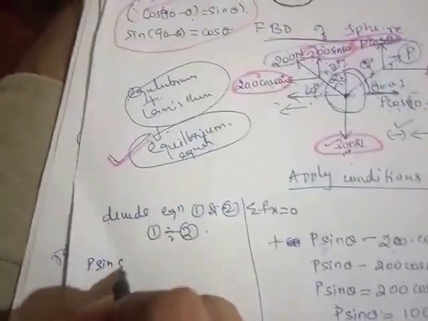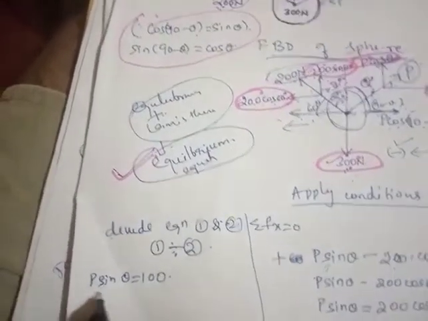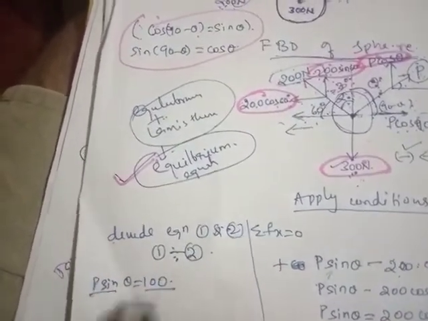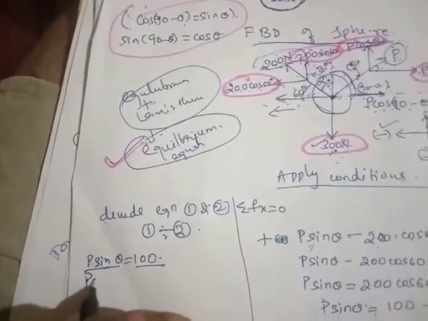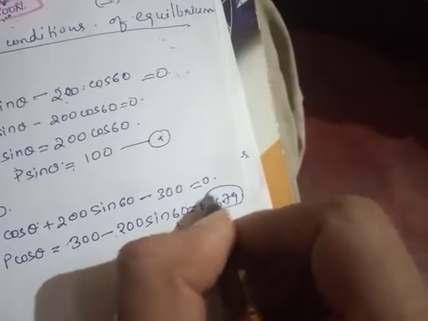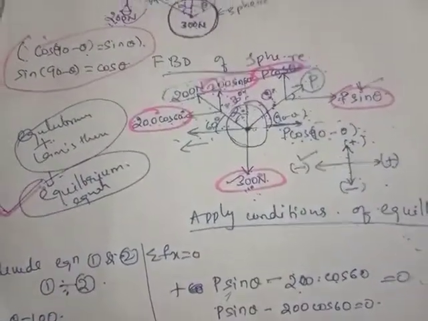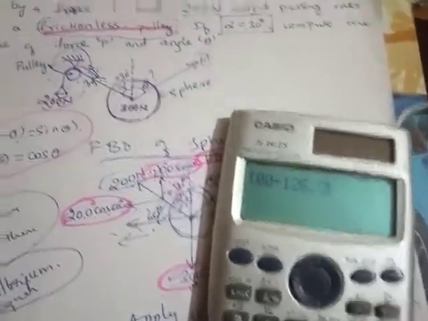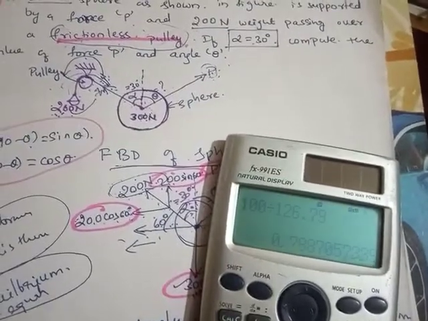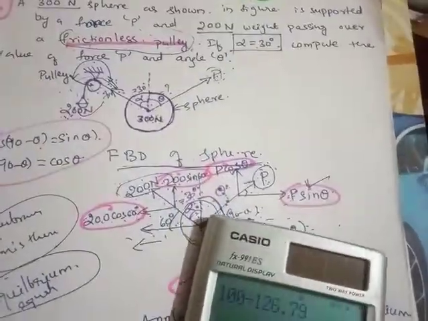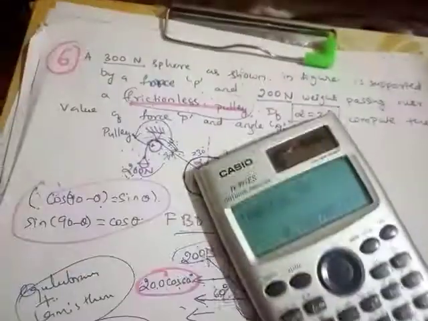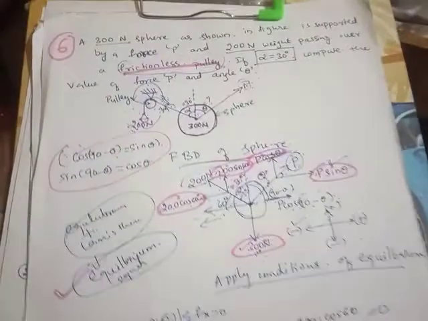P sin theta equals 100, and P cos theta equals 126.79. Divide 100 by 126.79. It is coming around 0.788.